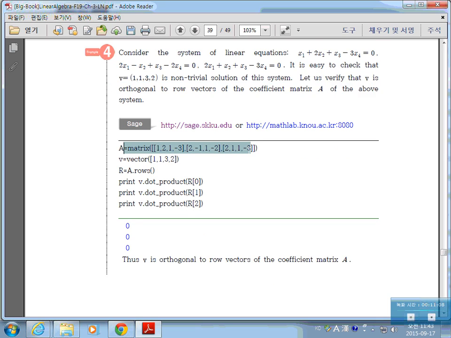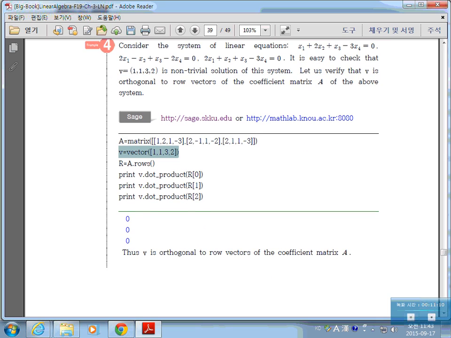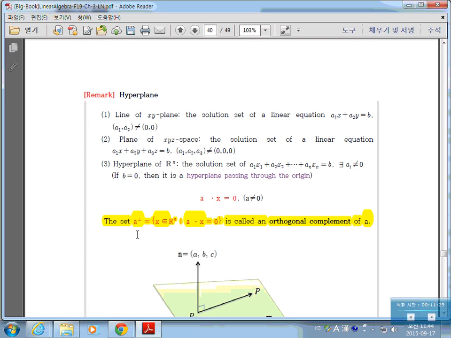Make the matrix, give the solution vector here, then find the dot product of V with row 1, row 2, and row 3. As you see, they are all zeros. They are all orthogonal. You can easily check it.